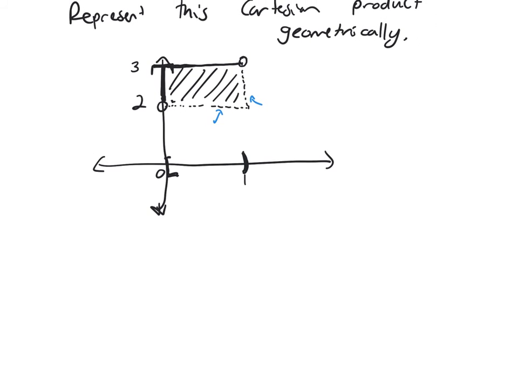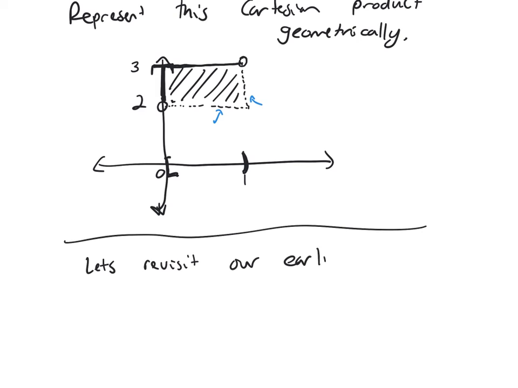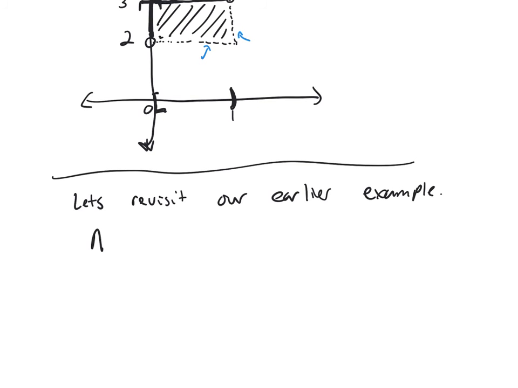And the last thing I want to talk about in this video will be, let's go back to an earlier example. Remember when we had the set A was x, y, and our set B was the set 1, 2, 3.